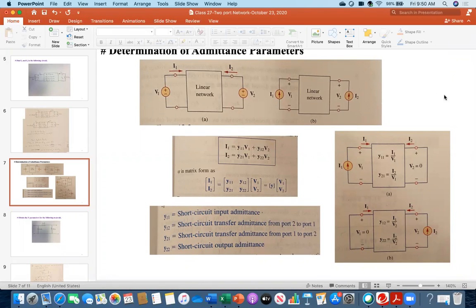Everybody, please note down or take a photo of this slide, or write down in your notes these equations and this right side circuit, and then start calculating that one. Then it will be a good practice for you.